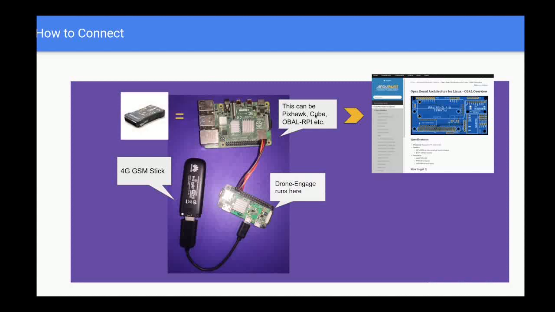You can use an Orange Cube. In all of these configurations, all you need is to take these three cables, TX, RX, and ground, and connect them to the Raspberry Pi Zero, and that's it. Using this configuration, you can access your drone from any place, anywhere, using the 4G mobile network.